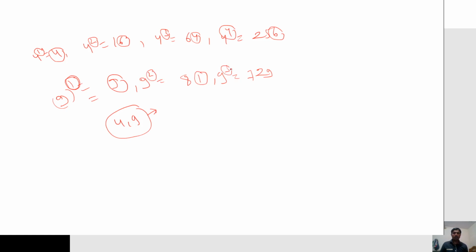So in the case of 9 with an odd power, we get unit place 9, and with an even power we get unit digit 1. In the case of 4, if the power is odd we get unit digit 4, if even we get unit digit 6, and if odd again we get unit digit 4.